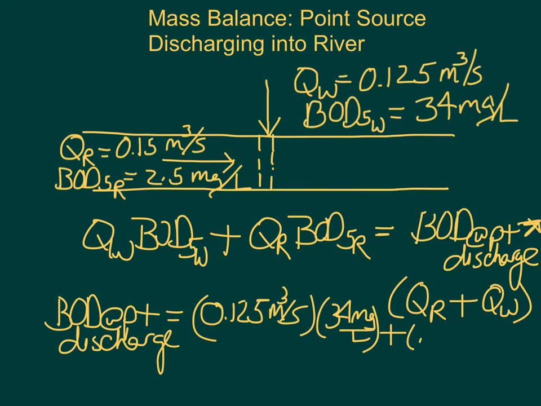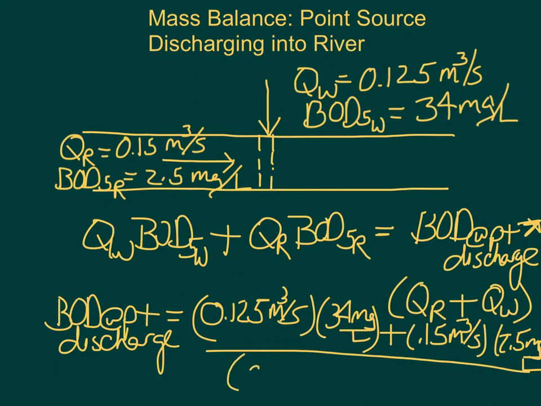plus 0.15 cubic meters per second times 2.5 milligrams per liter, divided by 0.125 plus 0.15 cubic meters per second.